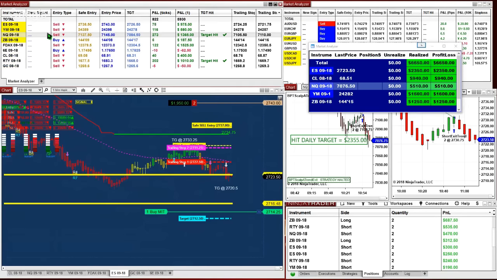Why this market analyzer? Because this market analyzer is based on math. So when there are three in the same direction and the 30-year treasury bond in the opposite direction, that indicates that the market is going smoothly today.